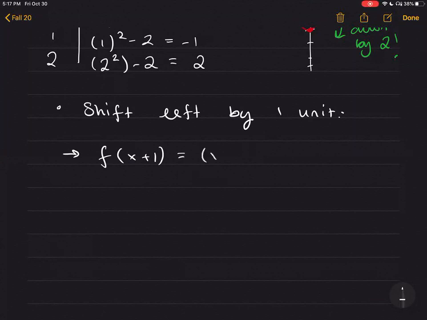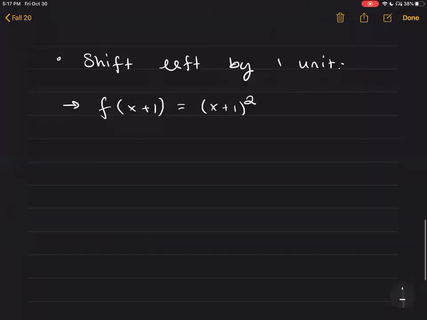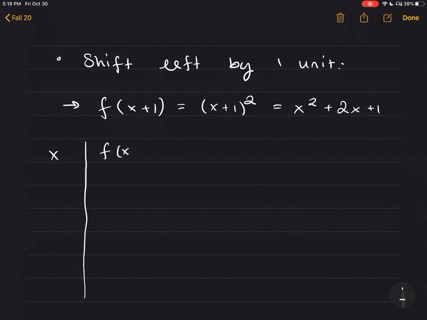So what that looks like is we have x plus 1 squared. And if you expand that out, that becomes x squared plus 2x plus 1. All right, let's look at this in terms of our points. So we'll do -2, -1, 0, 1, 2, as usual.